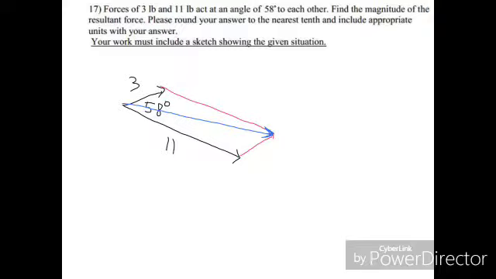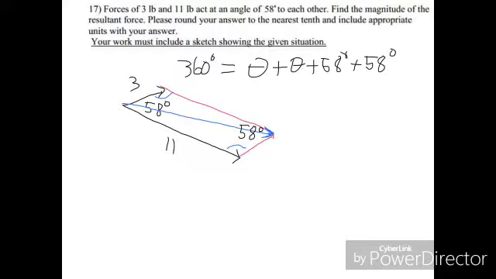All right, so with parallelograms, we know this angle is 58. The opposite is also 58. Now we also know that the four angles add up to 360. I don't know what that angle is, so I'll call it theta, plus theta, plus 58 plus 58, all equals 360 degrees.